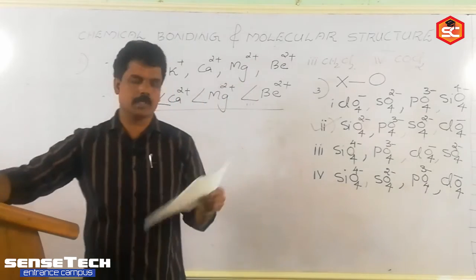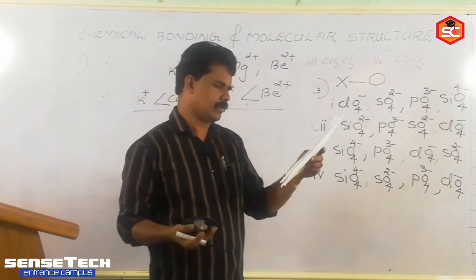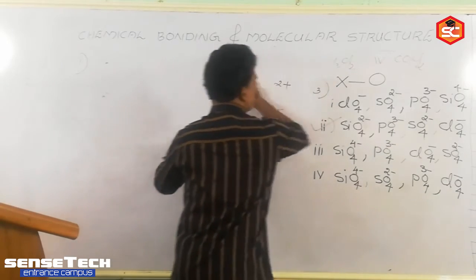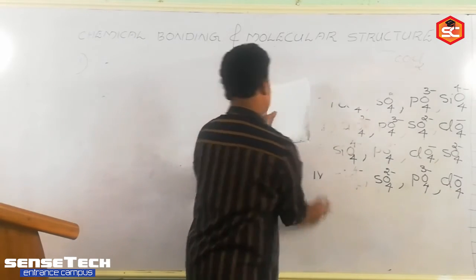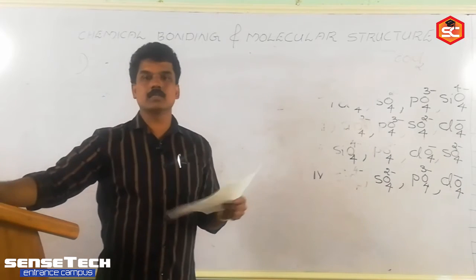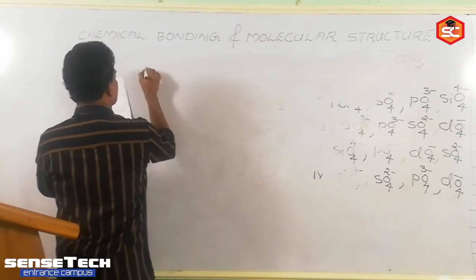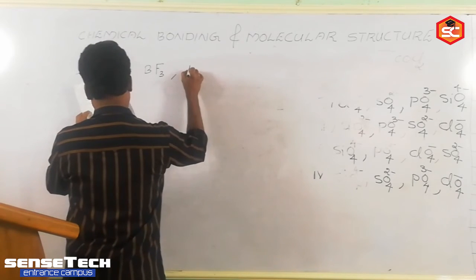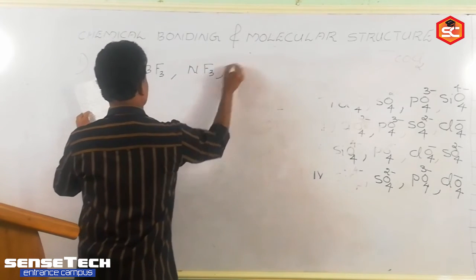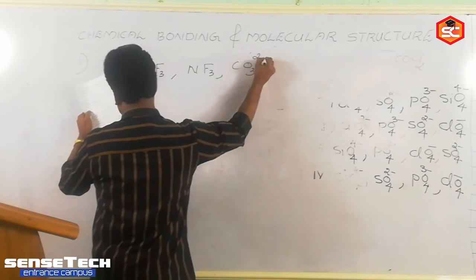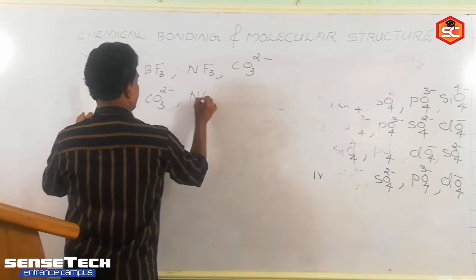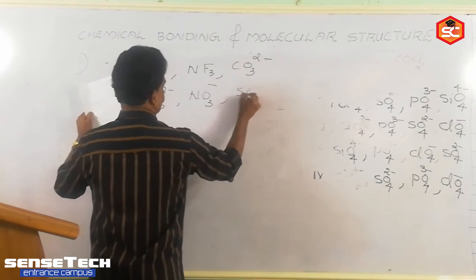Next question, question number 5. Among the following groups, which one has a trigonal planar structure? BF3, NF3 and CO3 2 minus. CO3 2 minus, NO3 minus, SO3.